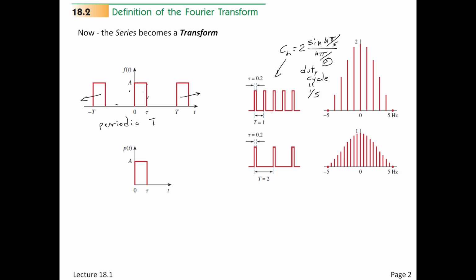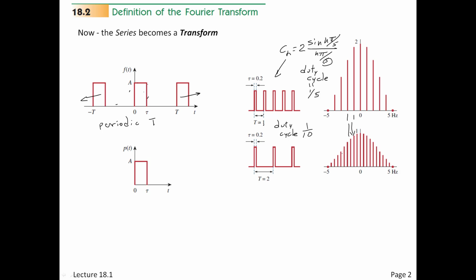And now we've got a duty cycle of 0.2 over 2, so that looks like 1/10. And if you look here, it looks like we're doubling. In this space here, we've added another frequency component.